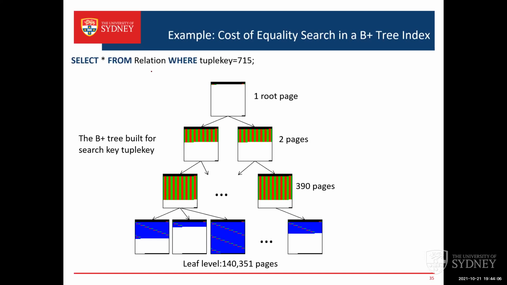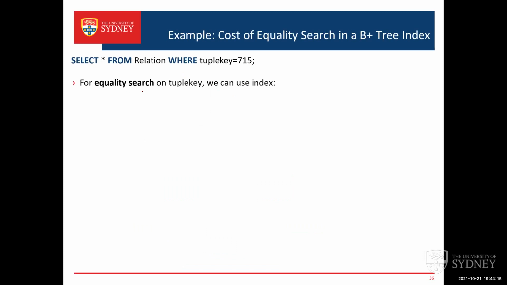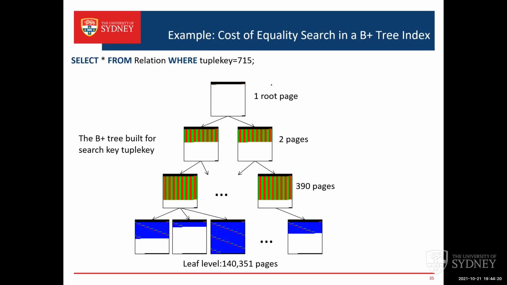If I am looking for the output of this query, select everything from relation where tuple key equals 715, here I have an equality search on tuple key. We can use the index that we have created. So how do we search? You start with the root. The root will tell me to go either left or right. From there, the next node will tell me whether I need to go left or right. Let's say I'm going right. From there, that one will take me to the left.